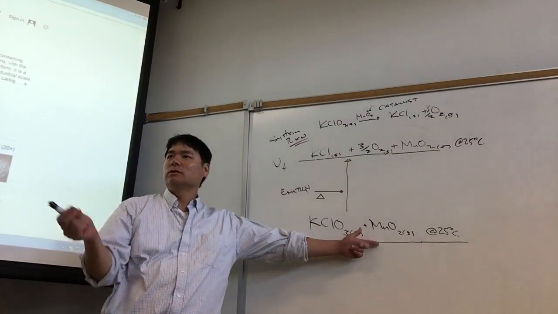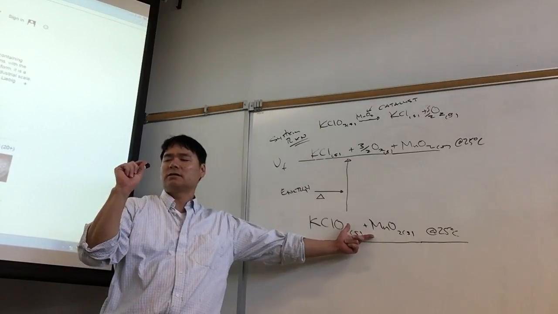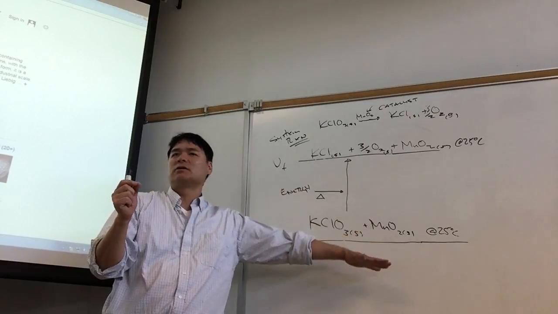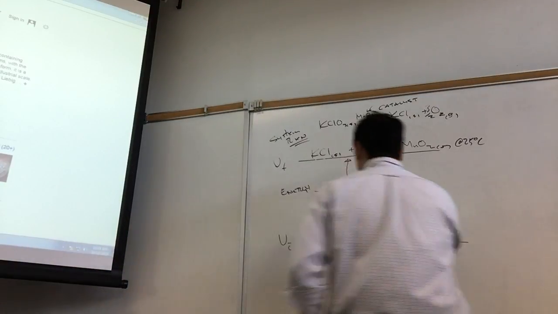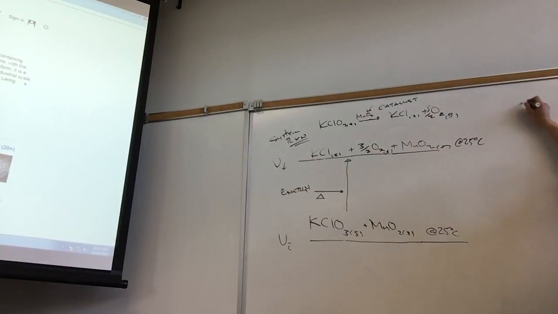The MnO2, we're just adding a tiny spatula scoop, about the size of a match head. And so the volume of a match head is just ignored. We're going from 60 milliliters, that's V initial, and we do this at constant volume. We have 60 milliliters here, roughly.